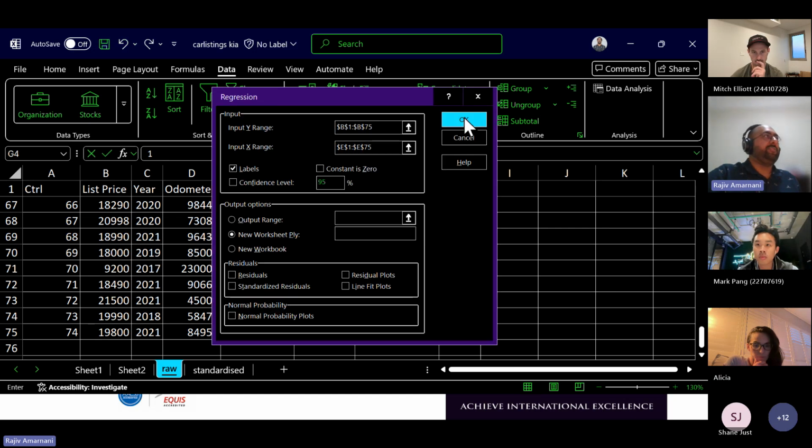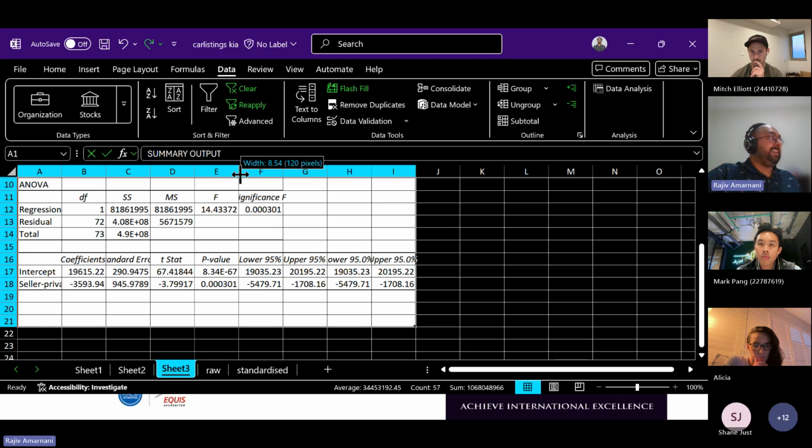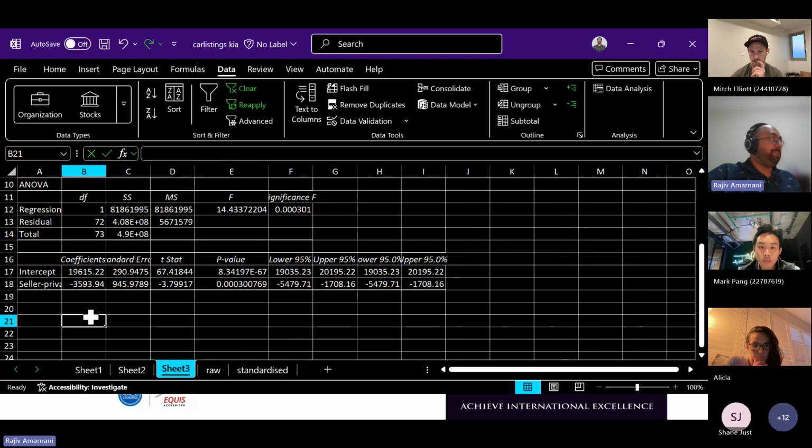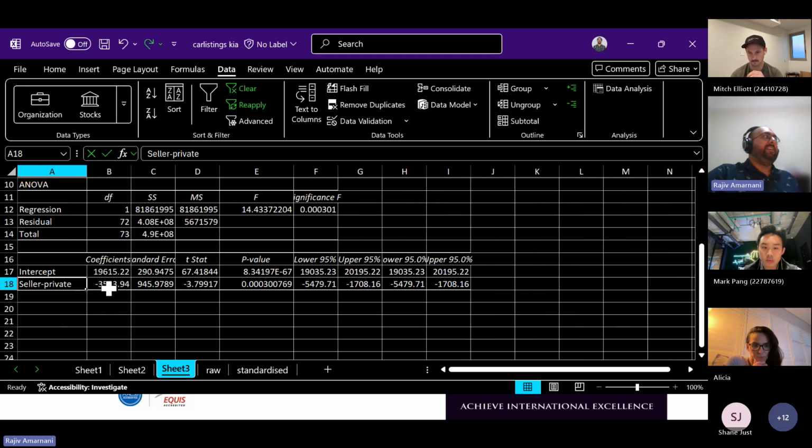This, by the way, is equivalent to a t-test. It is effectively the same. It is statistically significant. So let me clarify. When we have a model of list price and the only thing we treat as a predictor is whether the seller is private or not, that factor does predict list price, statistically significantly.